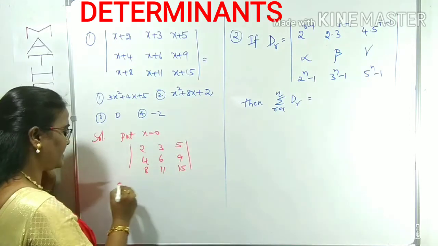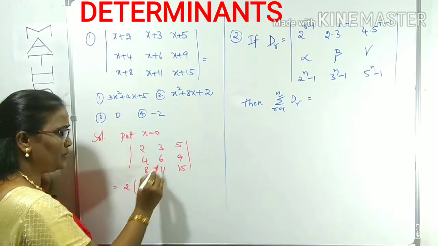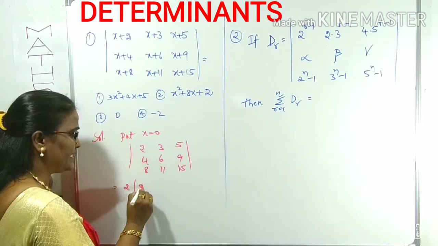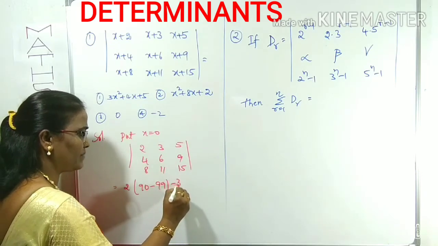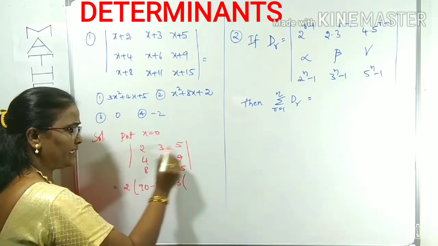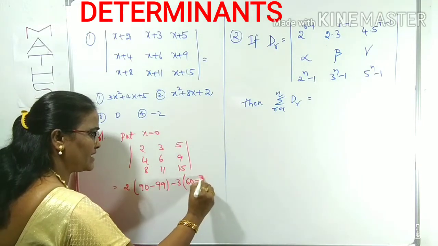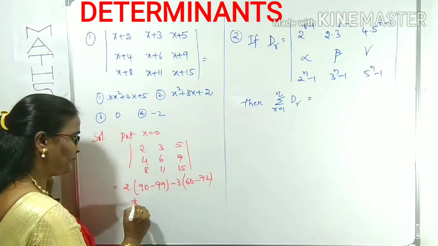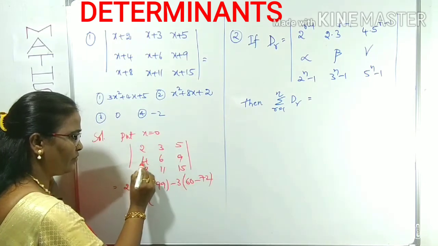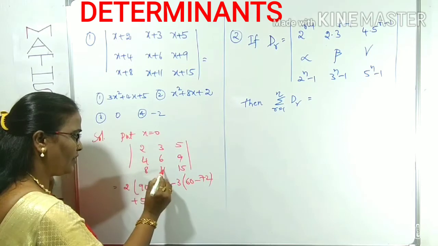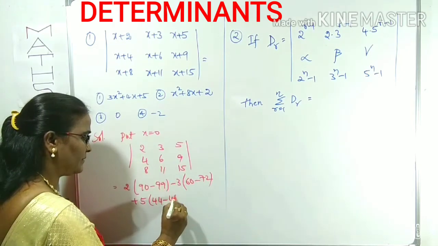Now we can expand this 3 by 3 determinant directly. 2 into (6 times 15 is 90, minus 99), minus 3 times of, after closing these, (4 times 15 is 60, minus 9 times 8 is 72), next plus 5 times of, after closing these, (4 times 11 is 44, minus 8 times 6 is 48).